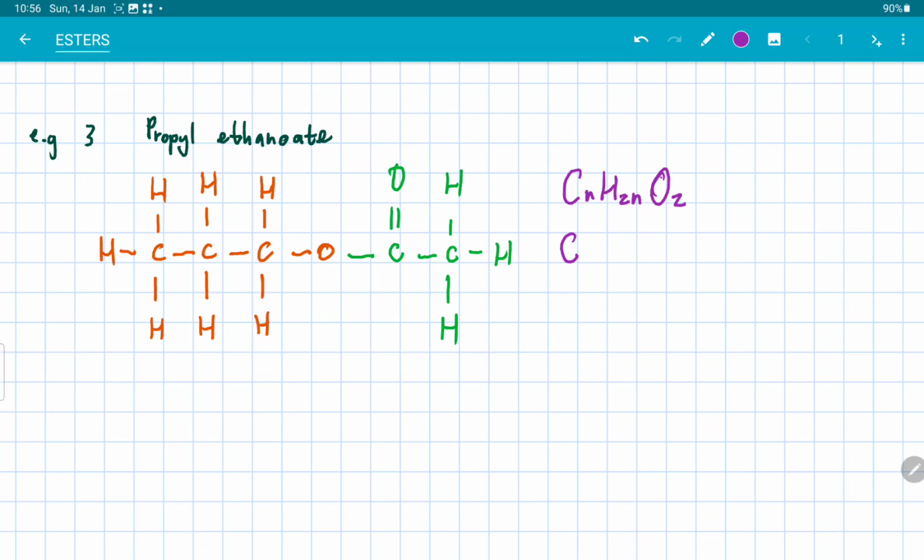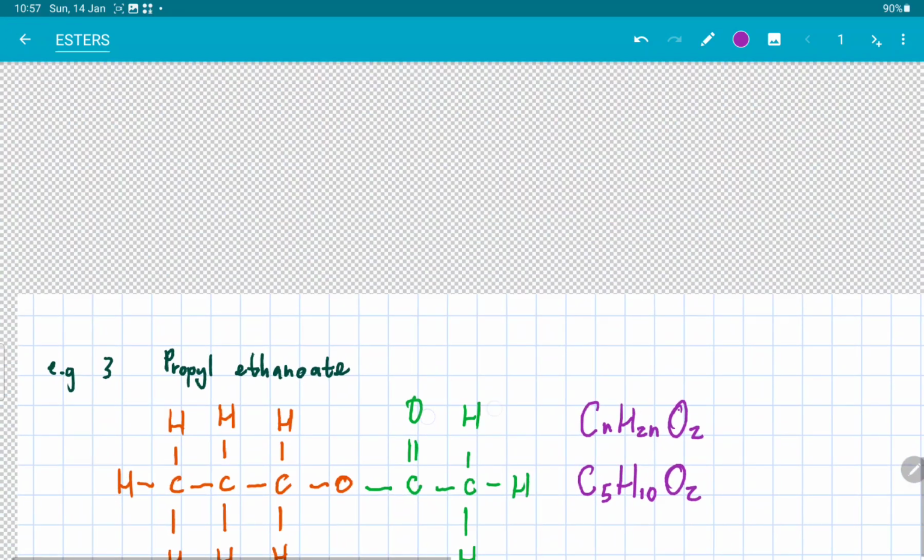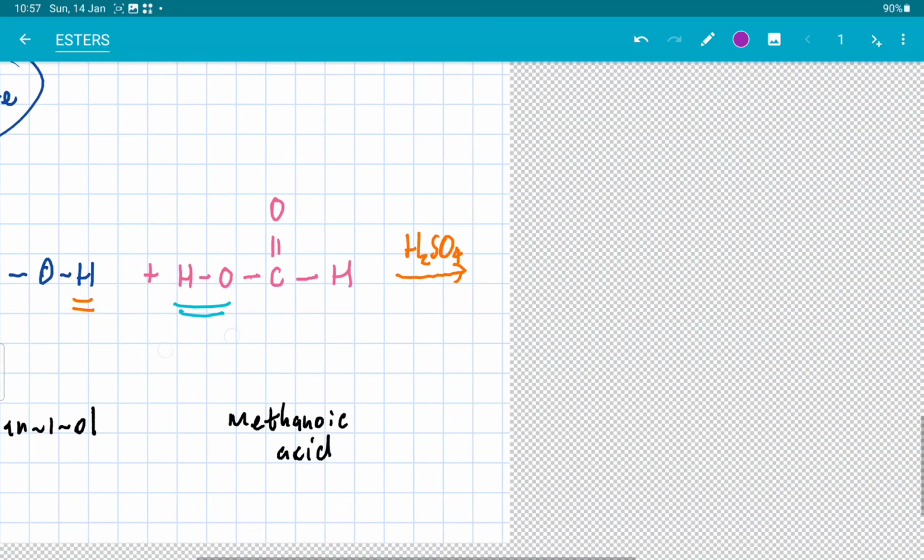The carbons present in the molecule are 1 2 3 4 5. So it will be C5 H 2 times 5 which is 10, O2, people, very important. C5H10O2. But by the way, let me just do it for all the others.